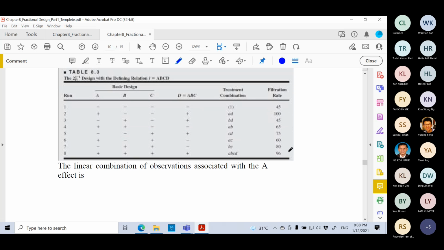We can calculate the effect of A by referring to the plus and minus signs: minus 45, then plus 100, then minus 45, and the last one is plus 96, divided by 4.